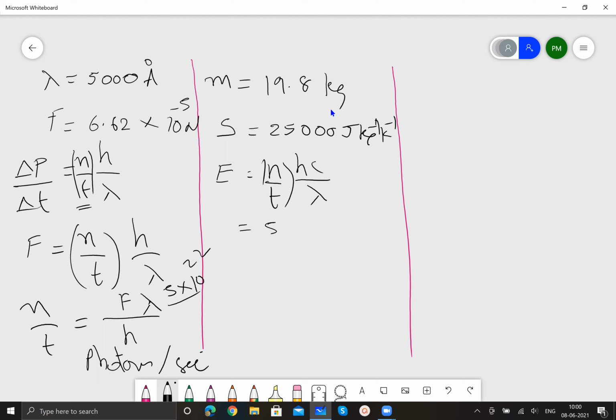So it is 5 into 10 to the power of 22 into 12,400 by lambda 5,000. You will be getting some electron volts, correct? Convert this into joules. It will be 19,890 joules second inverse. Simplification, you please do it afterwards, okay?